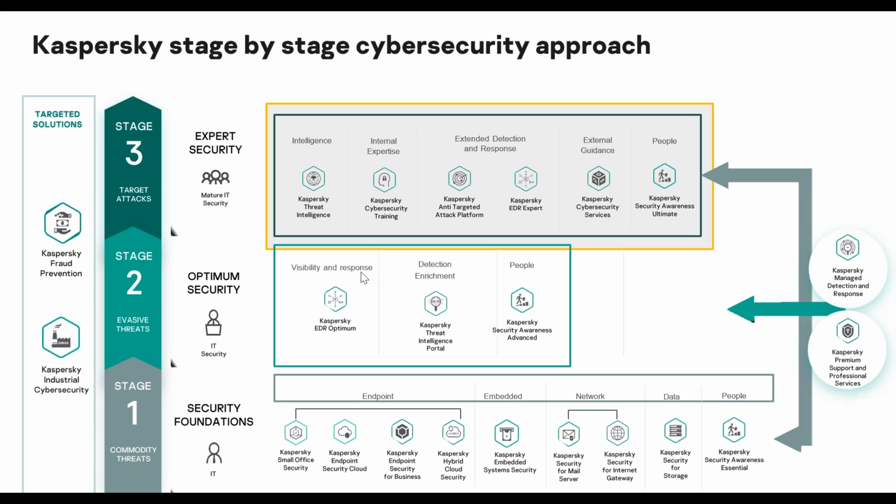Also, we're going to be discussing the Kaspersky Anti-Targeted Attack, which is the XDR solution from Kaspersky, and it's called Kata. Also, the Kaspersky EDR Expert, which is the endpoint detection and response solution from Kaspersky, and also the cybersecurity services, on which we can perform an evaluation of the security posture of an organization.